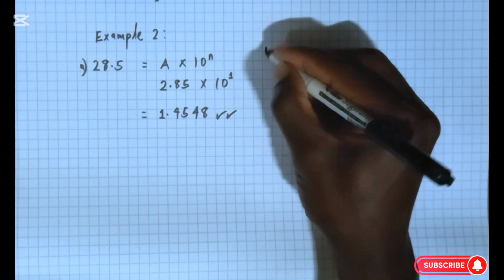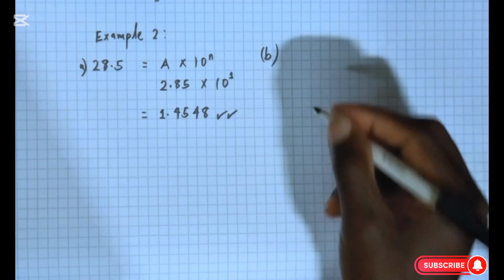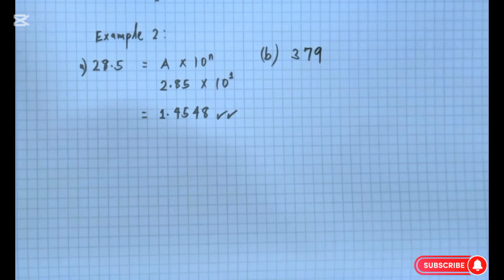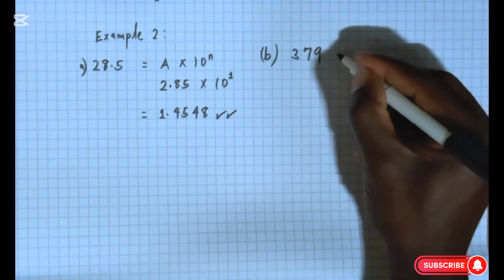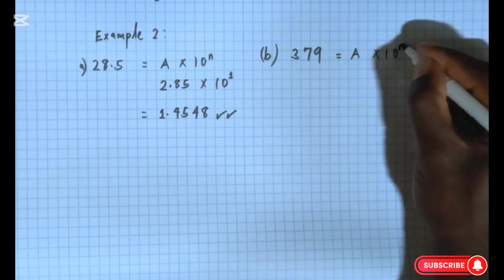So for our final example, we are going to handle a very simple number again. That is going to be 379. Say you are given 379 and you are supposed to find its logarithm from the table. How do you go ahead and handle this? We write it in standard form, which is a times 10 raised to the power n.